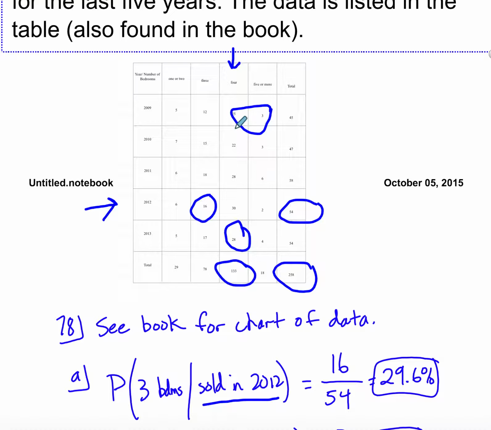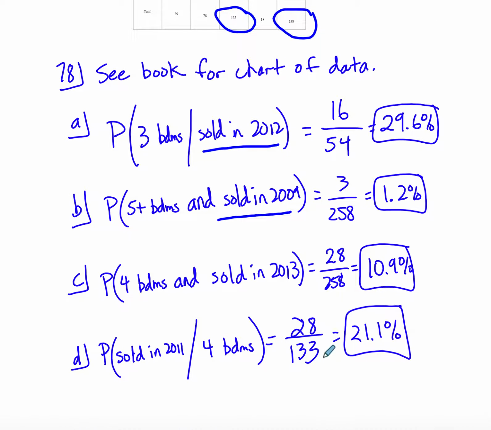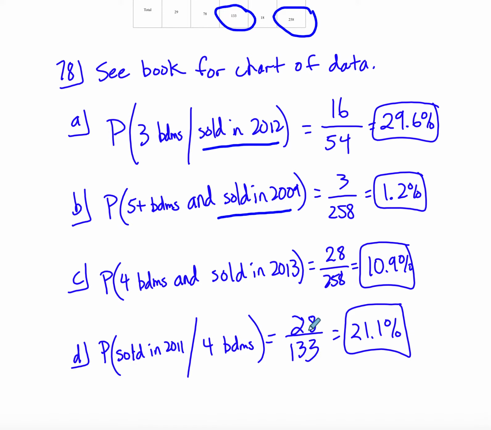So 2011 in this row happened to have 28. So my probability is 28 out of the 133 because I know the house had 4 bedrooms. Once I have that given information, I can reduce my sample size down. If I don't have any given information, I'm just looking for probabilities, I have to do it as a 258.